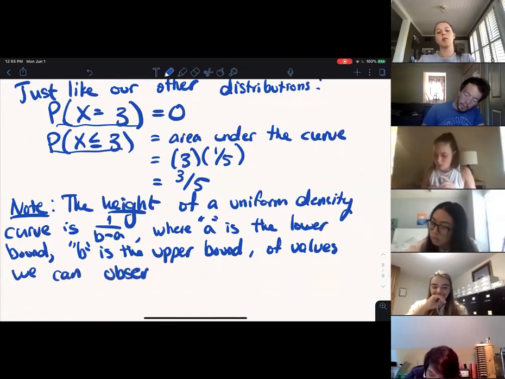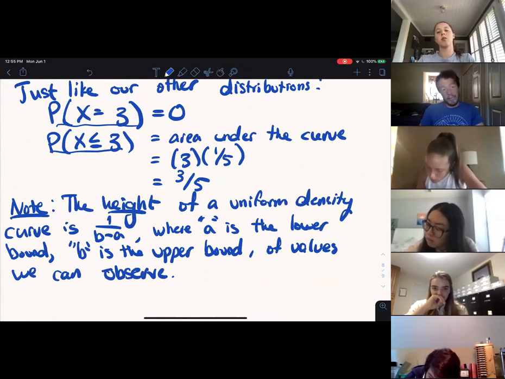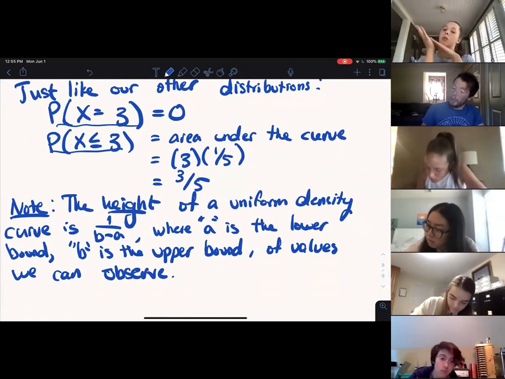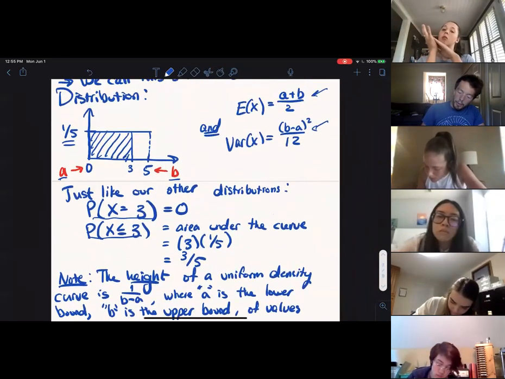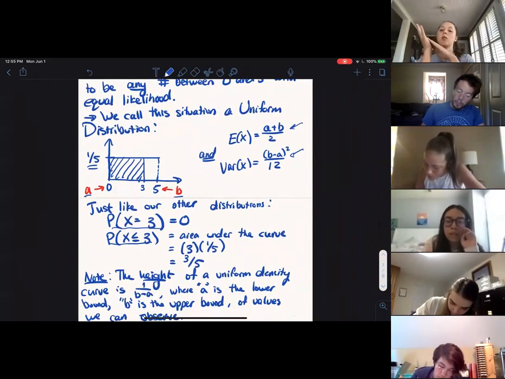Right, because we can't observe values outside of 0 to 5. They are only allowed to give scores from 0 to 5. Okay. So this is a little bit more information about the uniform distribution.